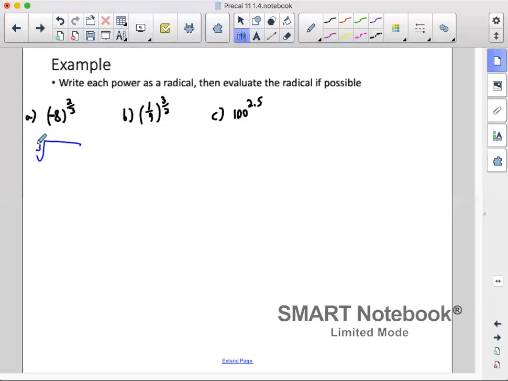So we have 3 here. Then inside, we have negative 8 to the power of 2. Now, negative 8 squared is 64. Cube root of 64 would be 4.